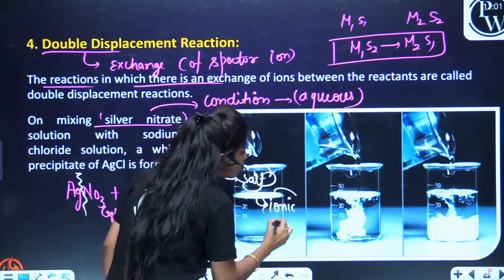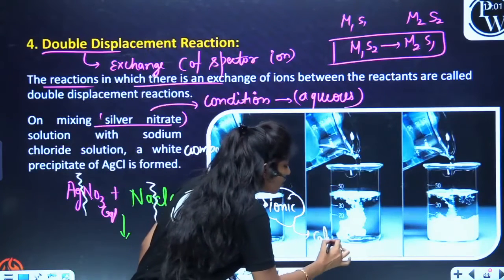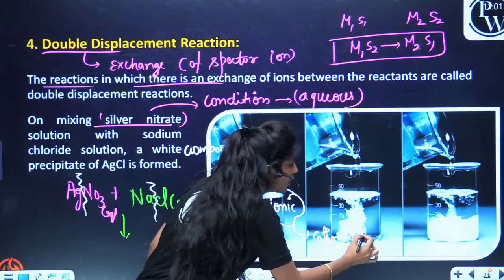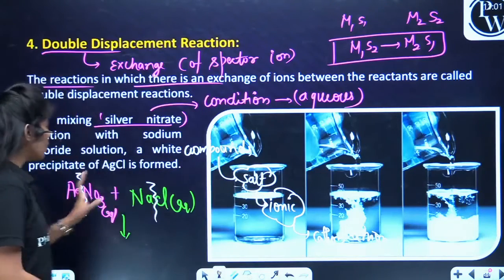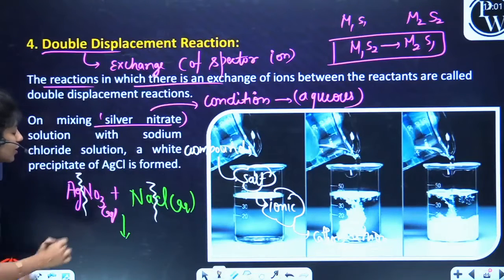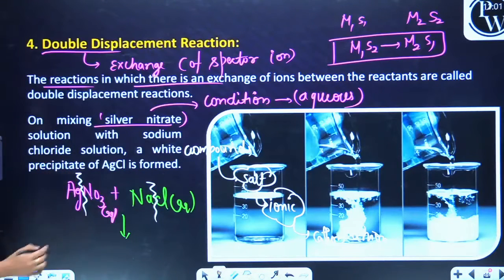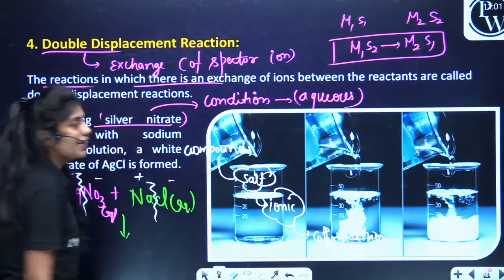And there is a rule to write the ionic compound. First the cation will be placed, after that the anion. That is how we write it. So basically this is an ionic salt. So I can disintegrate it.